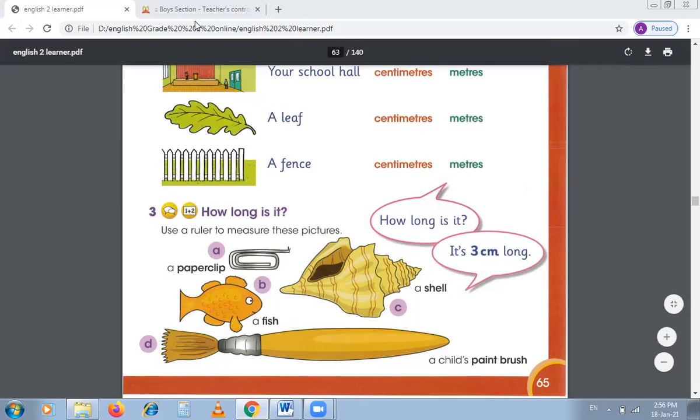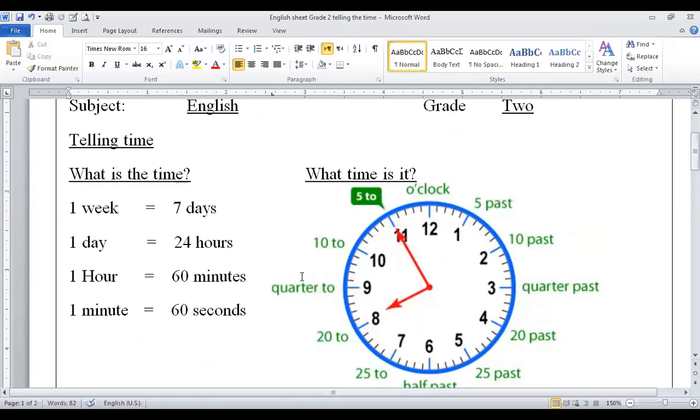And then also, yesterday we finished time. Here is how we read the time. If you want to know the time, how do you ask another person? For example, you say what is the time, or what time is it. These are two questions, the same thing in different ways. And here, 5 past, 10 past, quarter past, 20 past, 25 minutes past, and half past.